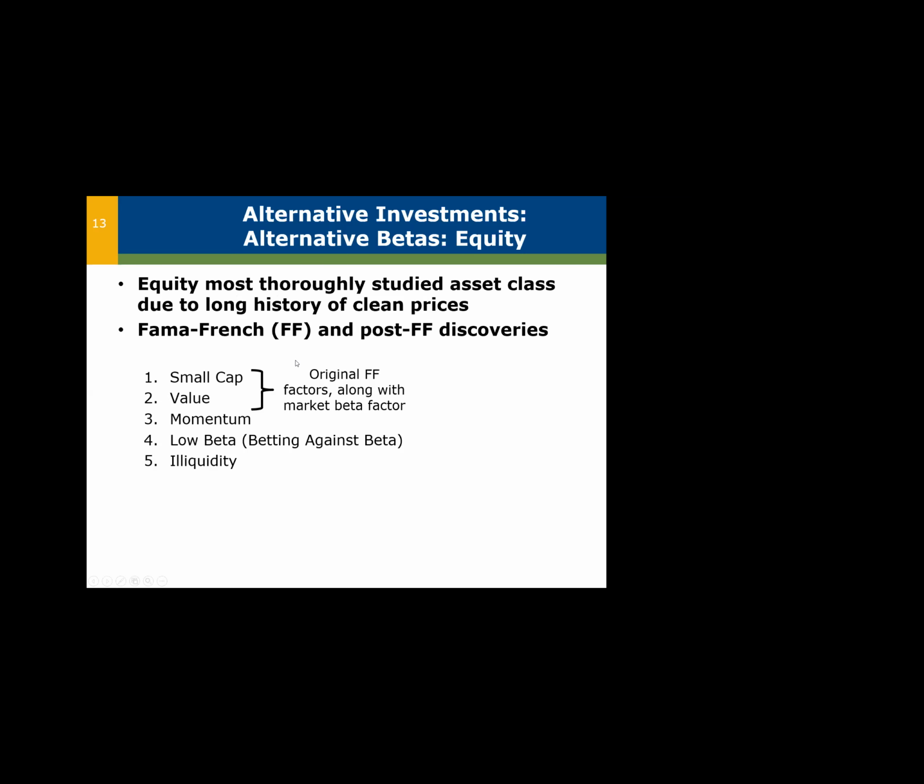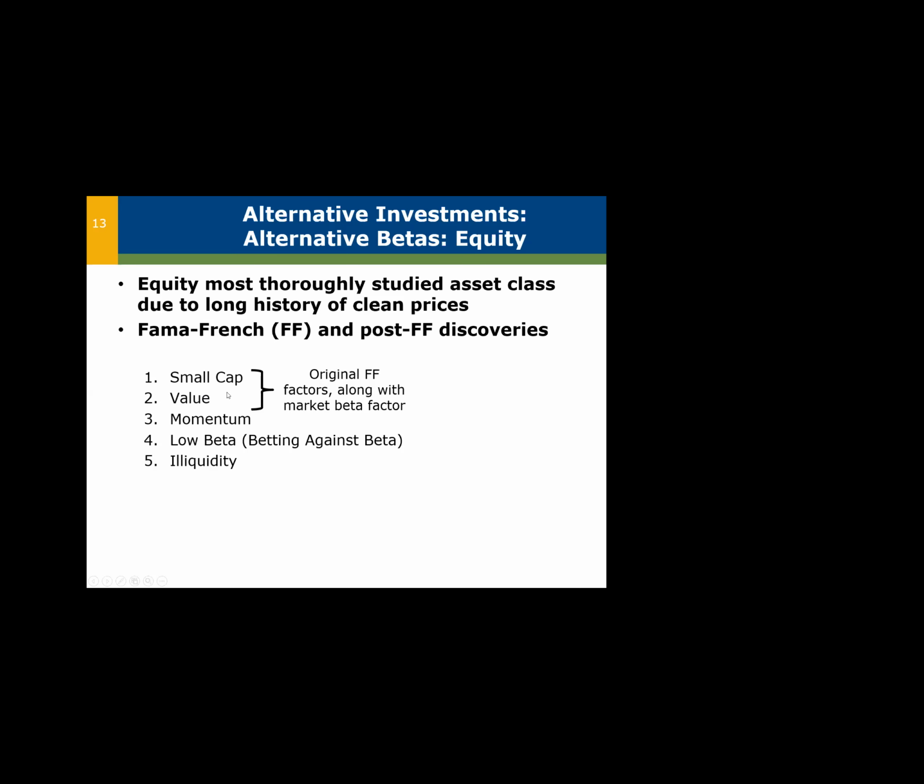And so the original ones that Fama-French found, along with the market factor, so that's basically investing in the S&P 500, they found that if you construct long short portfolios, so you go long the small caps, short the large cap names, and then you track the performance over time of that long short portfolio, that will have a positive return. And so that's identified as a small cap risk premium.